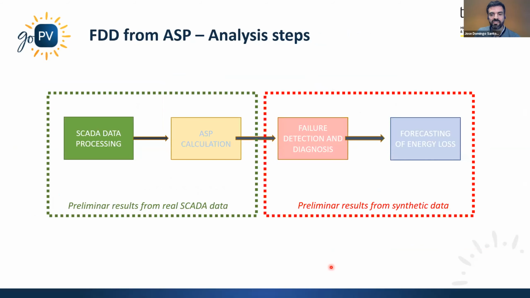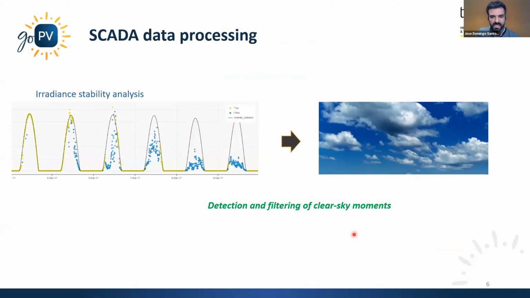Our failure detection and diagnosis tool can be divided in 4 steps. I'm going to present you some examples of results that we have obtained from real SCADA data, but also from synthetic data with simulated failure modes. The first step is focused on the data processing.